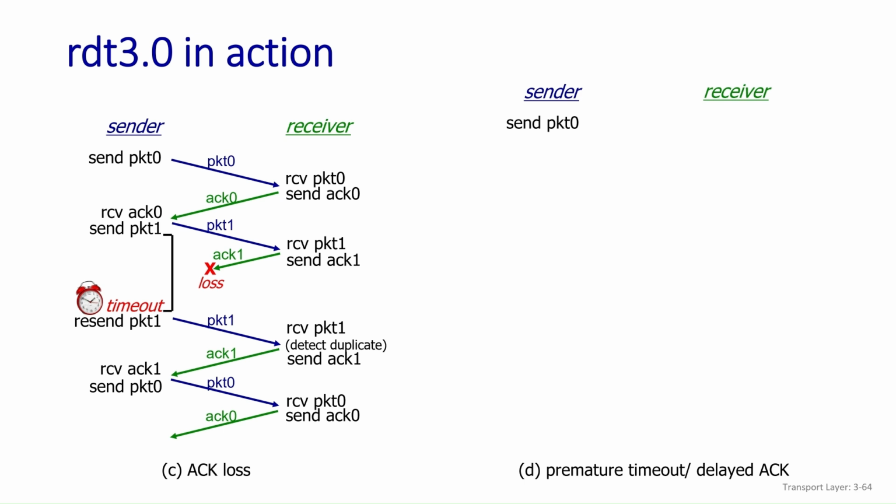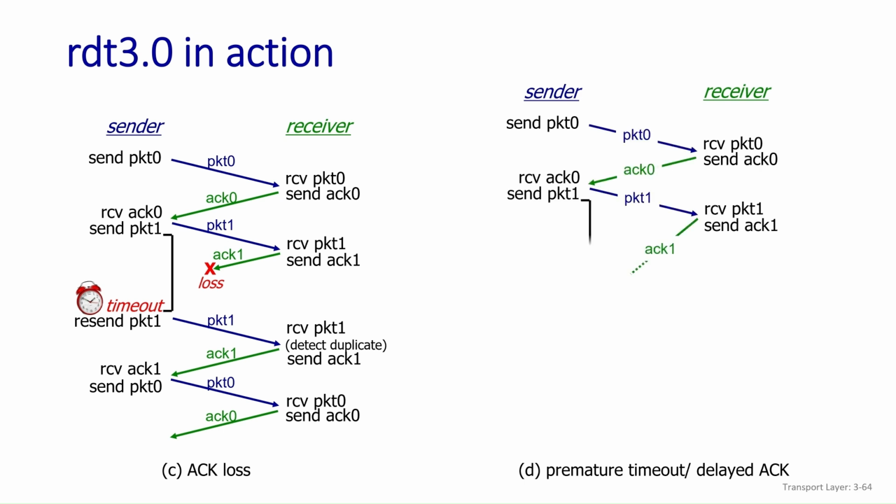So let's assume that packet 0 is sent, acknowledgement 0 is received, then we send packet 1. This is important, right? And packet 1 is received, the acknowledgement is on the way, but it's a delayed acknowledgement. Or we may have this premature timeout.